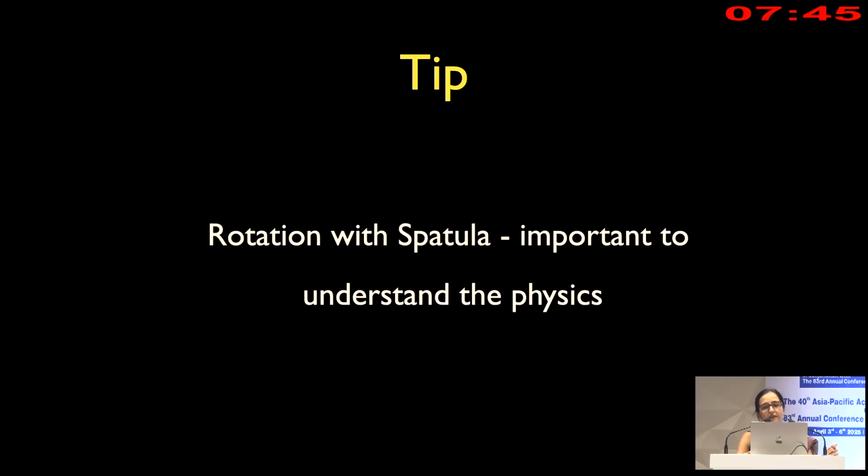So the thing that we learned from this case was that always when you are rotating with a spatula, it is important to understand the physics of nucleus rotation. First prerequisite is to have a good hydrodissection. If you cannot do hydrodissection, let's say in a posterior polar cataract or a pre-existing rupture of any kind, obviously do not perform hydrodissection.